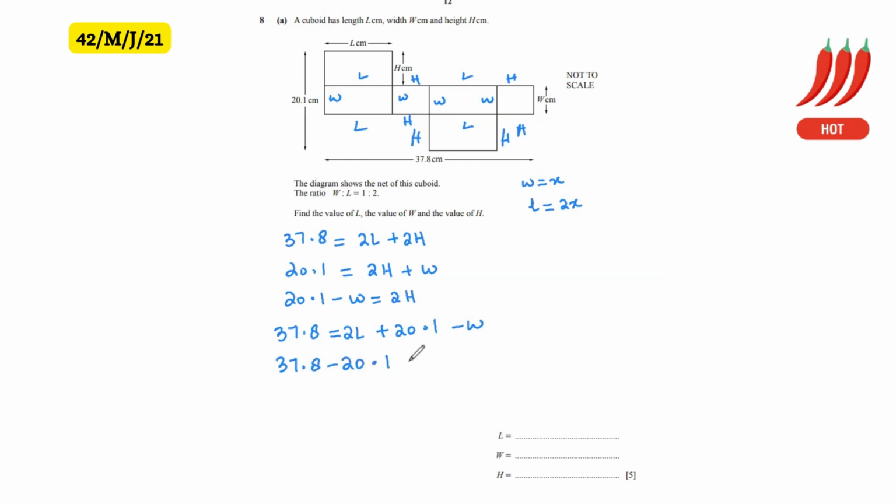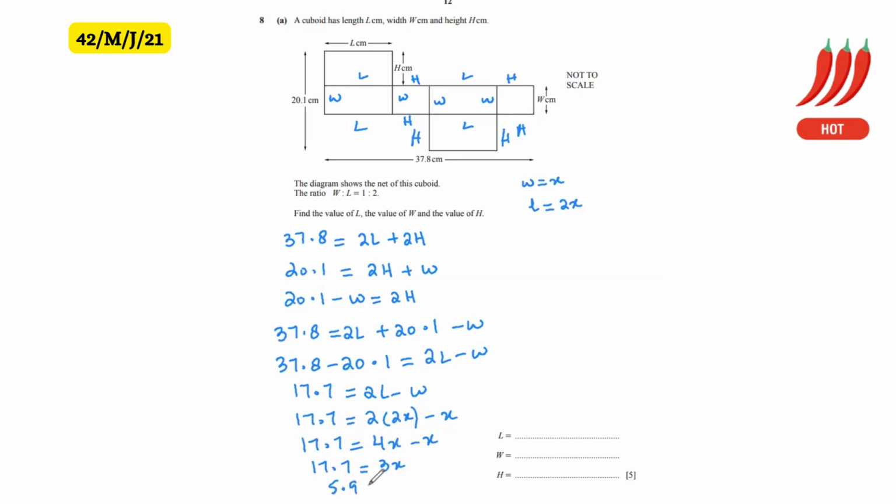So it's 37.8 minus 20.1 equals to 2L minus W. 17.7 equals to 2L minus W. We said that W is X, so L is twice of X. So 17.7 equals to 2 times 2X minus X. So that's 4X minus X, and 17.7 equals to 3X. So 17.7 divided by 3 is 5.9 centimeters. That is X, so which is W.